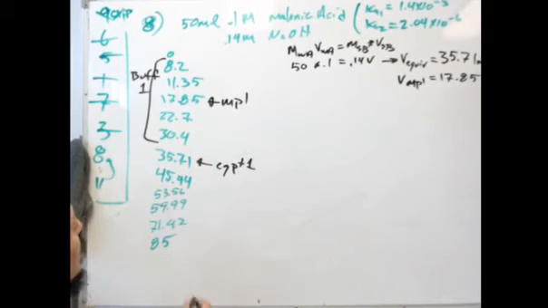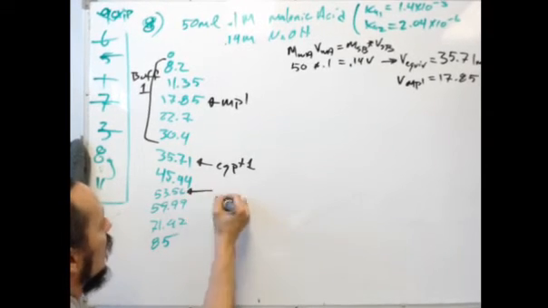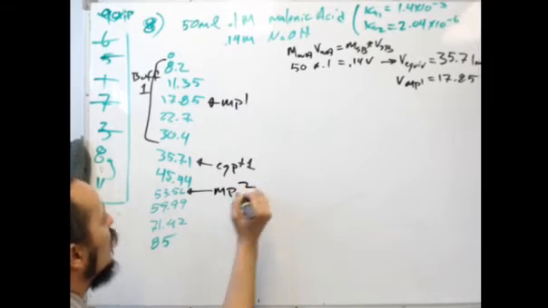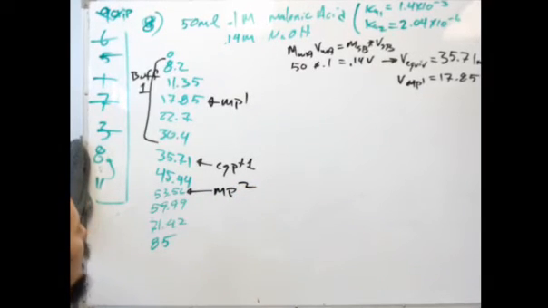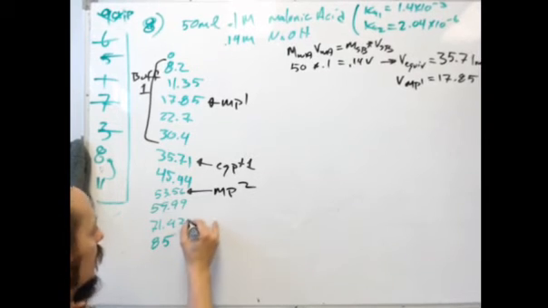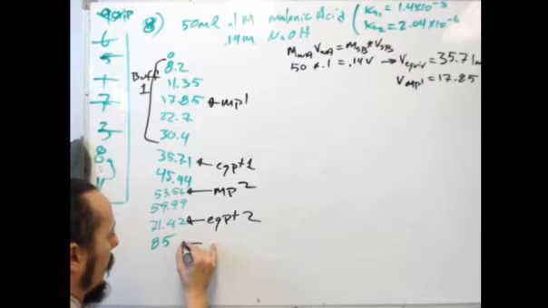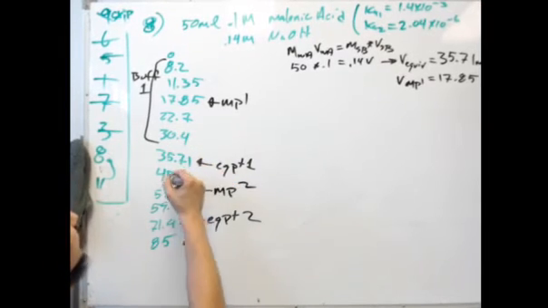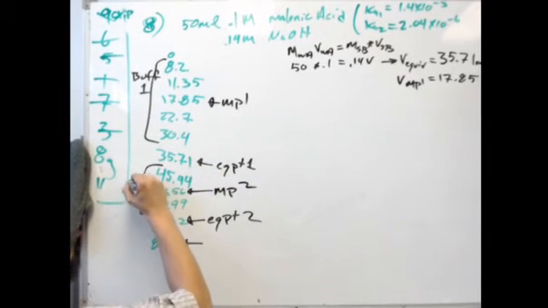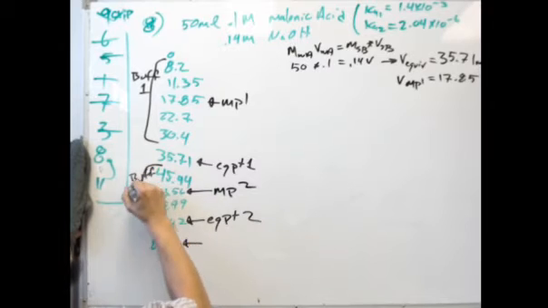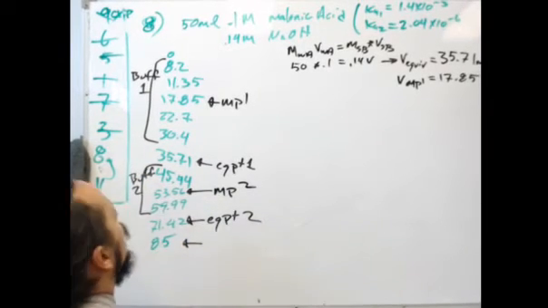It's 53.56. That is midpoint 2. And then 35.7 times 2, I think it's the 71. There's buffer 2.